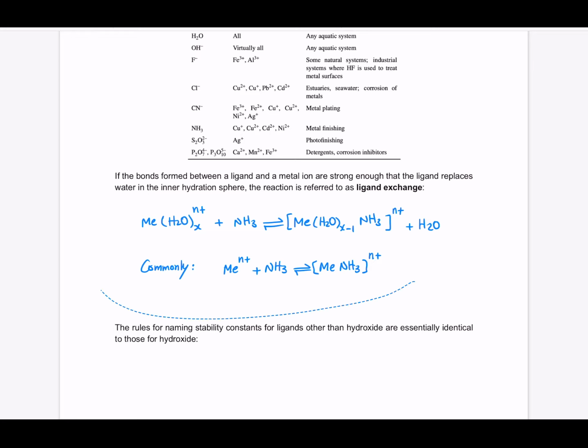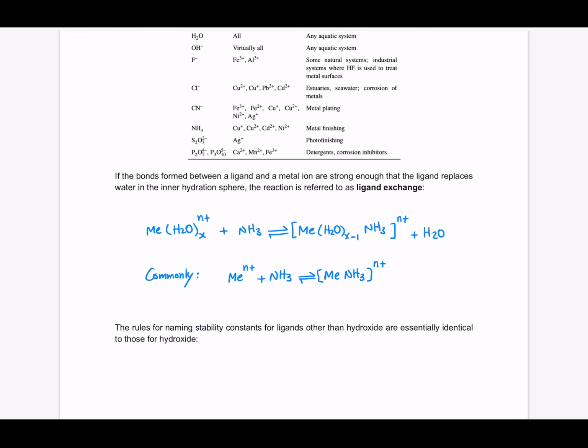This is a very well-known reaction, ligand exchange, in the context of complexation reactions. If you have something stronger than ammonia and add it, that would replace water and ammonia. So again, the complexation reaction proceeds.